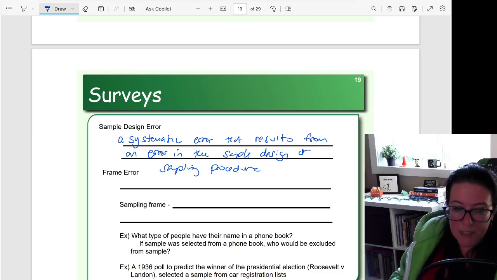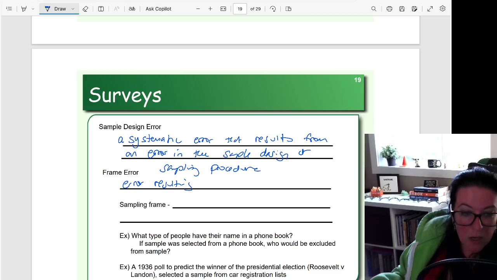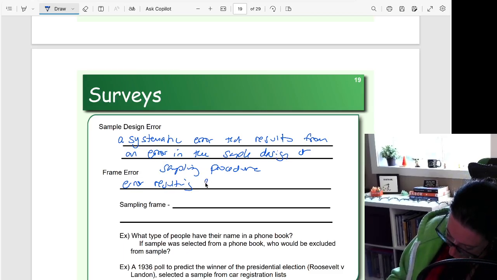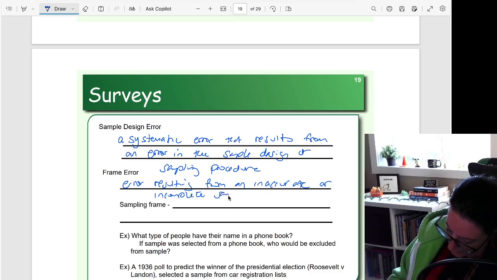One of those types is frame error. This is error resulting from an inaccurate or incomplete sampling frame. So we need to know what it means to be a sampling frame.